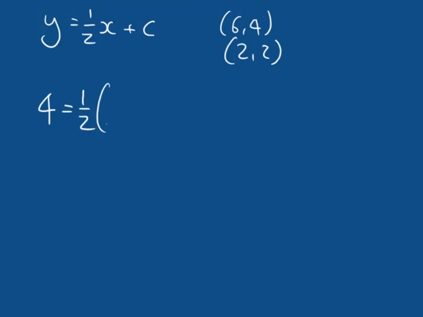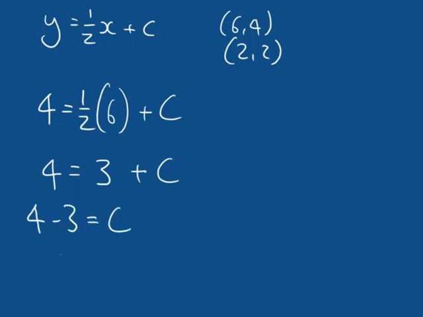So 4 is equal to a half of 6 plus c. So 4 is equal to 3 plus c. If we rearrange this to find c, I'm going to subtract 3 from both sides of the equation. 4 minus 3 is equal to c. 1 is equal to c. Therefore, c is equal to 1. So our intercept value is equal to 1.